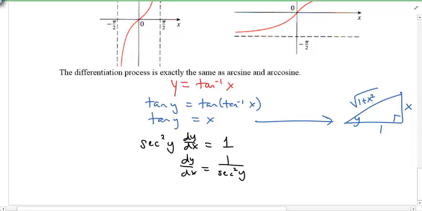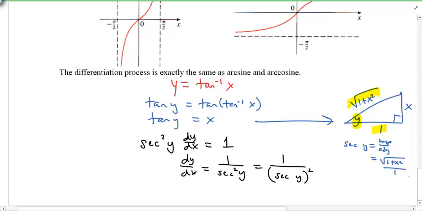Secant squared, well, what's secant squared? That's the same thing as secant y all squared. Well, what's secant y? Secant of y is 1 over cos, which happens to be hypotenuse over adjacent. So note here, secant y is the hypotenuse over the adjacent, which just happens to be the square root of 1 plus x squared over 1.